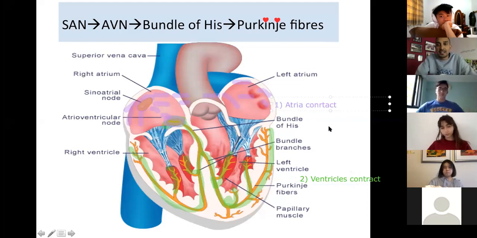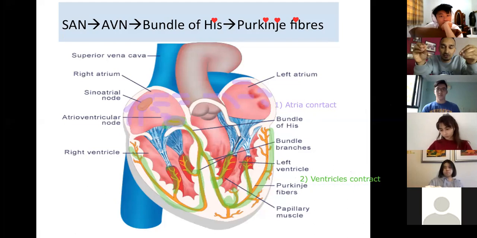Step 1 was that the atria contract. So what this allows is for a slight delay. While this signal is being sent through the atrial walls and causing them to contract, it gives us a little bit of time to wait for the signal to reach the AV node before the ventricles contract.